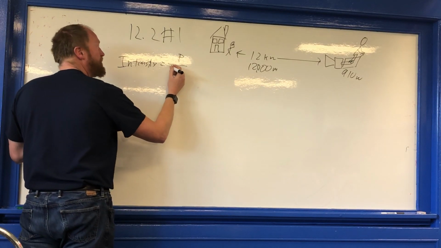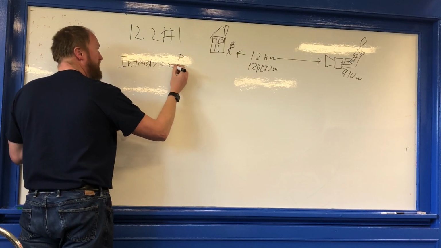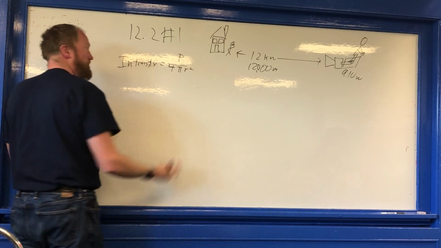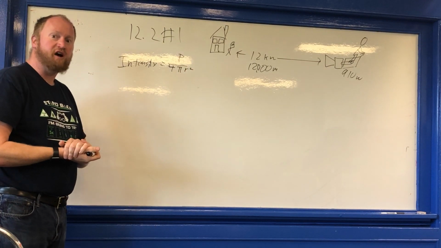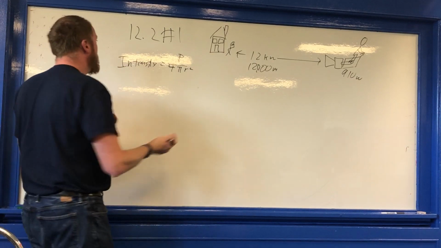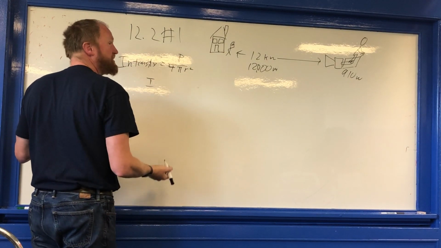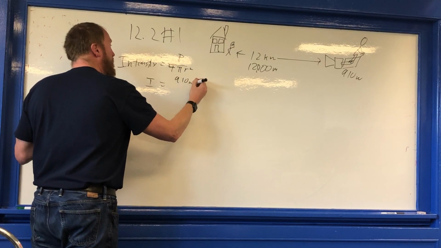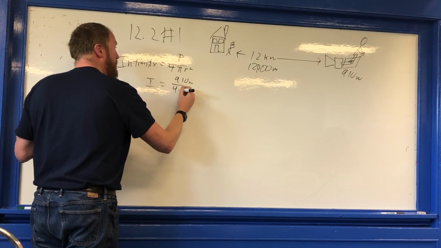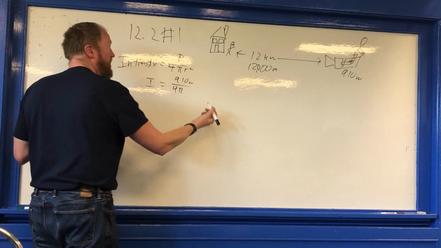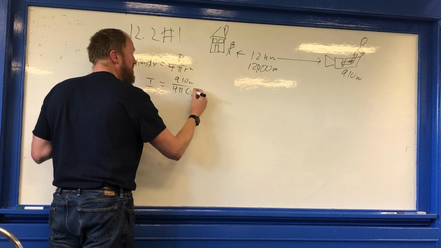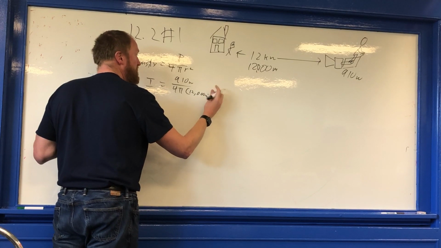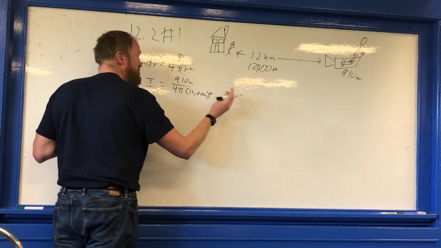So the formula is 4 pi r squared. Okay, let's do math. I'm going to shorten intensity to I. My power is 910 watts, over 4 pi, and then R is 12,000 meters, and the whole thing is squared.